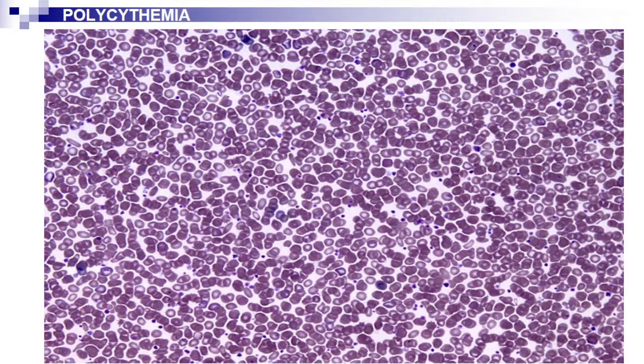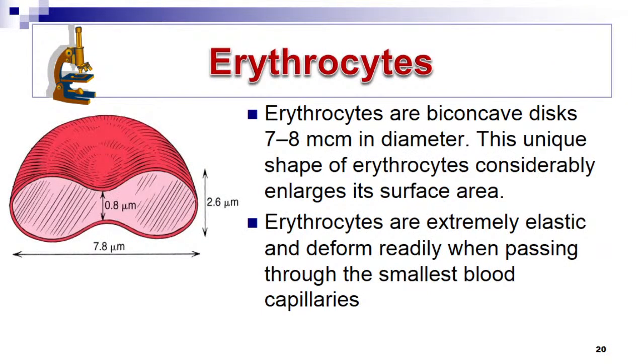Look at this picture. This is a photo of a blood smear of a patient with polycythemia. The quantity of red blood cells, erythrocytes, is more than normal. And you can identify it if we investigate under the microscope.